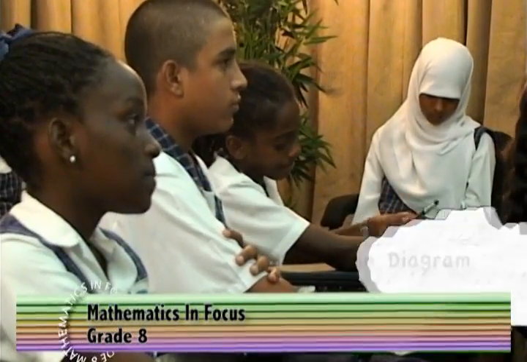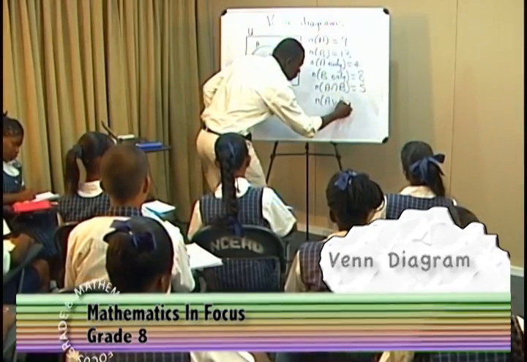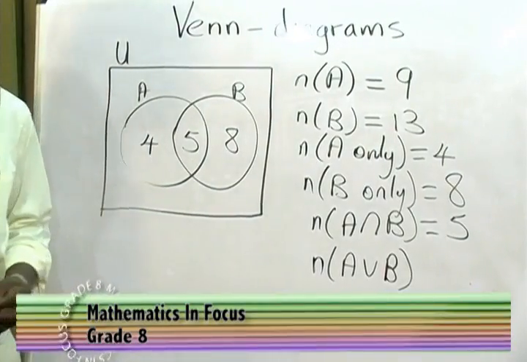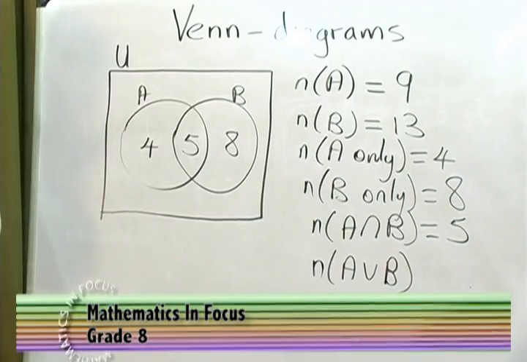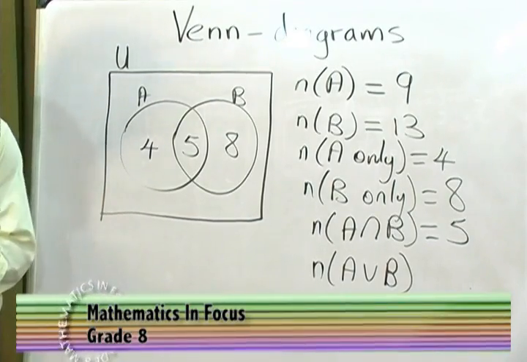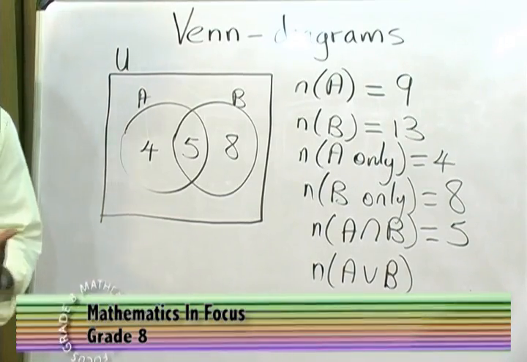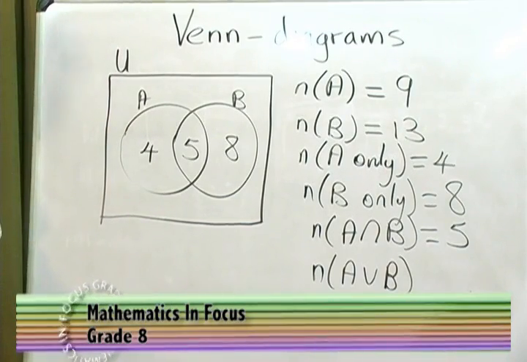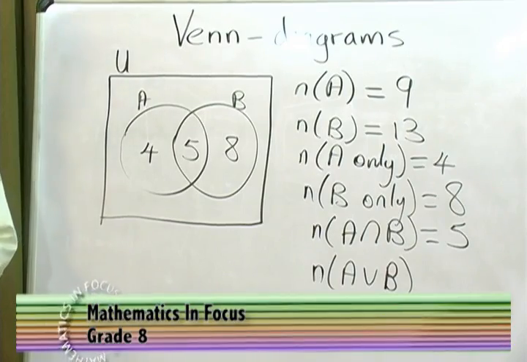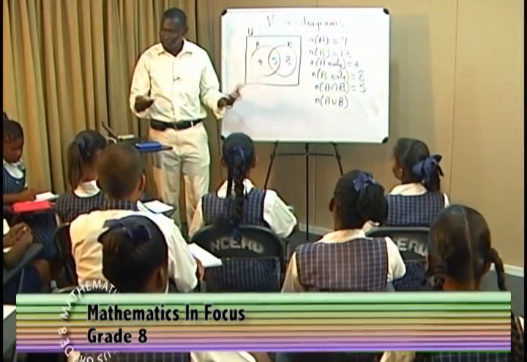What about this? Tell me this now. What is this equal to? Number of students in A union B. But since we know what A and B mean, students who study agriculture and students who do business, we can say it is the number of students who study agriculture or business.